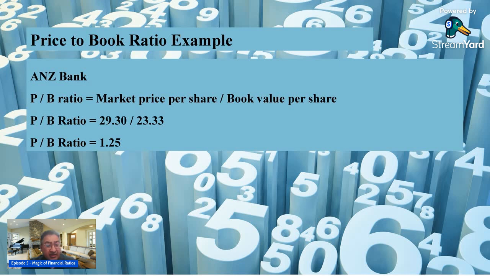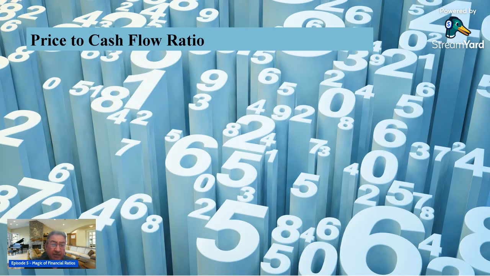However, if the price to book ratio is closer to 1, slightly less than 1, that's the best indicator of an undervalued company. And since share prices go at a premium, a PB ratio of up to 3 is considered to be good. Let us look at the next ratio for today, which is the price to cash flow ratio.